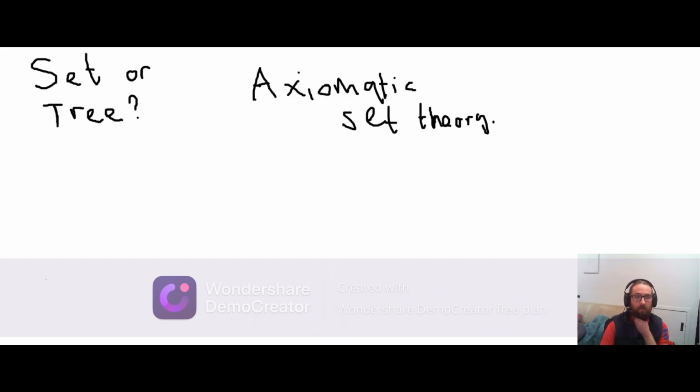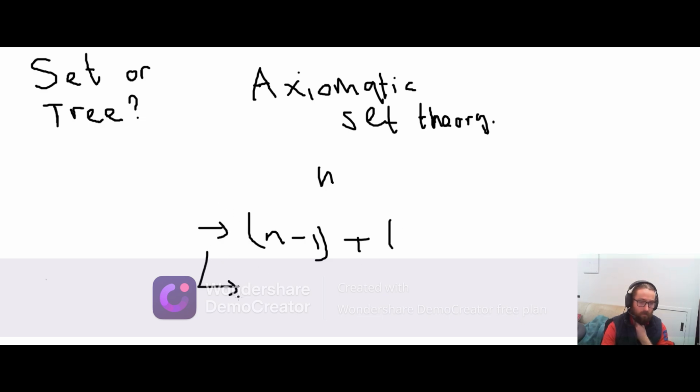One interesting thing is that if we refer to these numbers self-referentially, as in a number comes from the number before it, right? So I'm defining my numbers n by saying it's n minus 1 plus 1. I can create numbers this way, and then all I need is my base number, 0, which is my empty set.